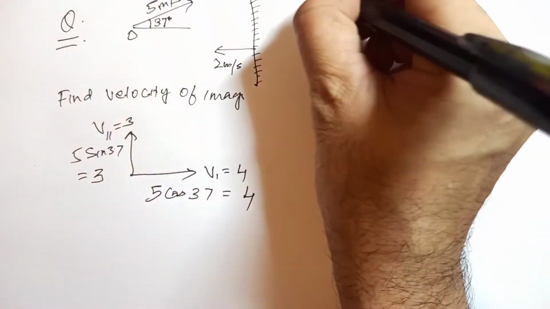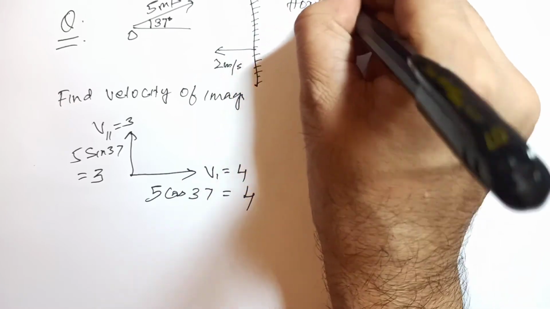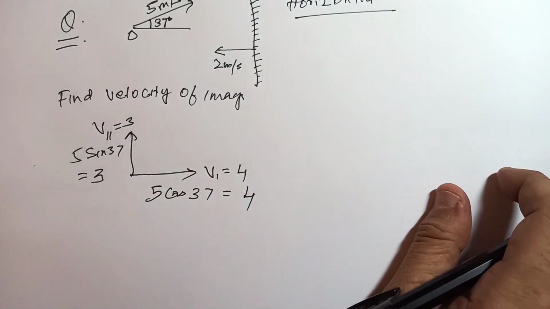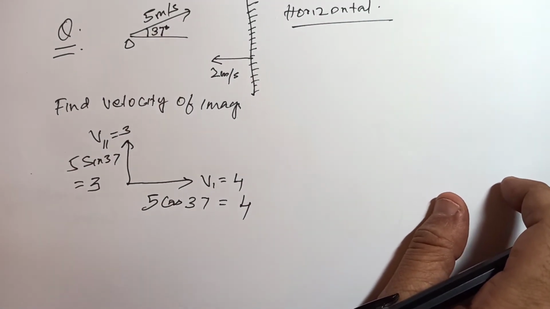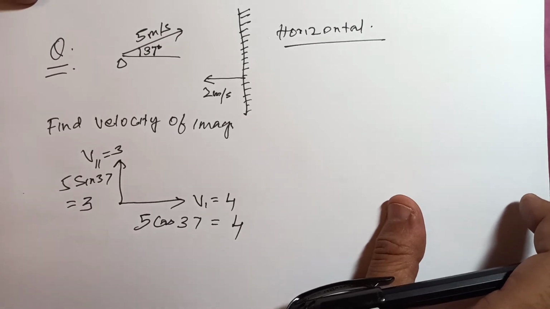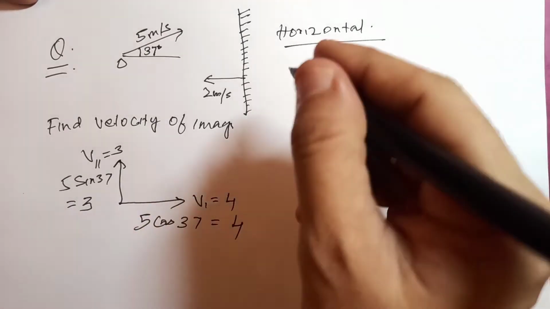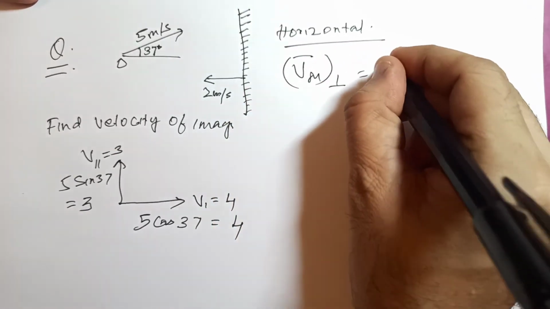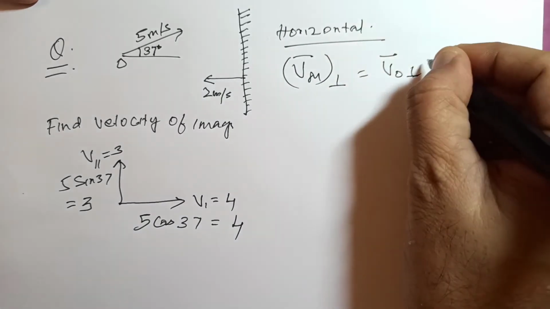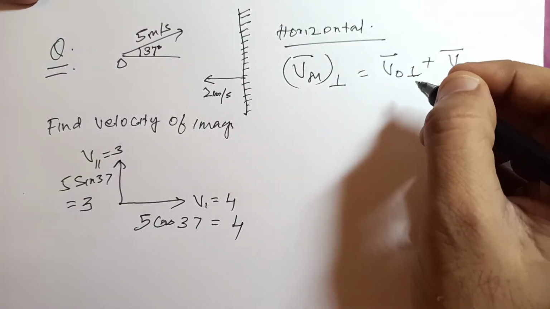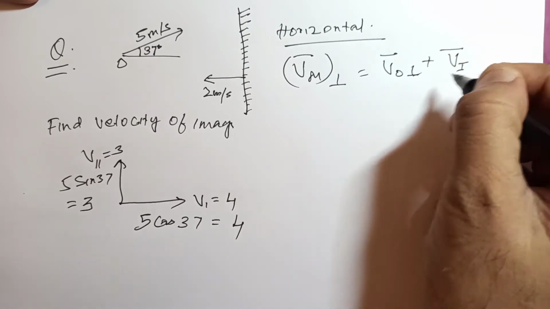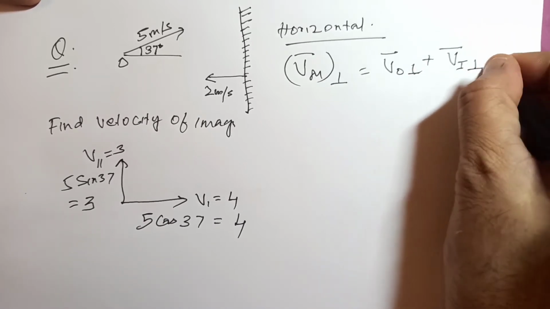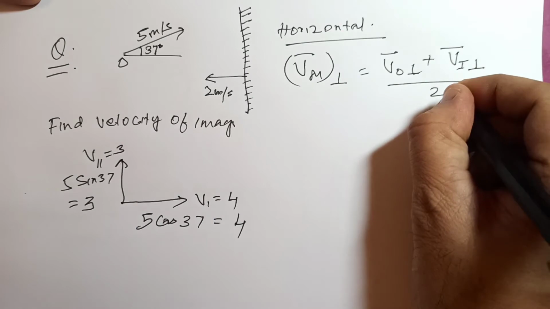First let's compute horizontal. So for horizontal, I can say Vm perpendicular is equal to V naught perpendicular plus Vi perpendicular, this is object, image, and this is perpendicular, divide by 2.